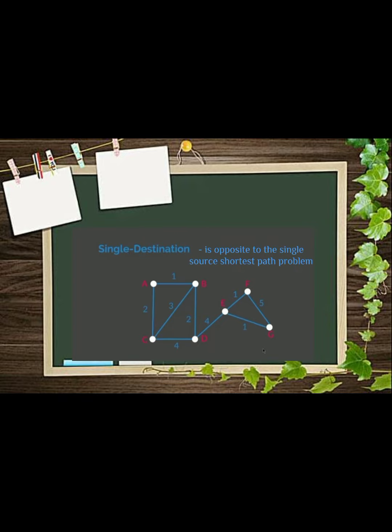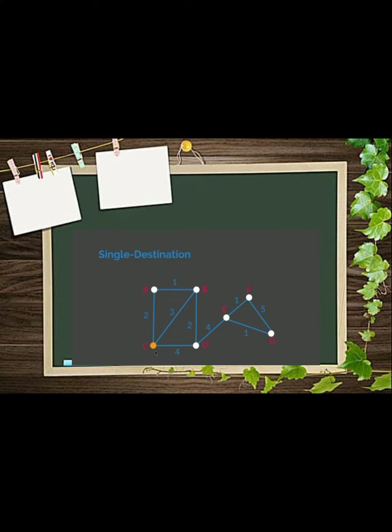Then next we have single destination shortest path problem, which is the opposite of the single source shortest path problem. Basically here you will have a destination, for example, let's say C, and then you'll find the shortest path from all other vertices to C. In single source shortest path problem, we found the shortest path from the source to the rest of the vertices.